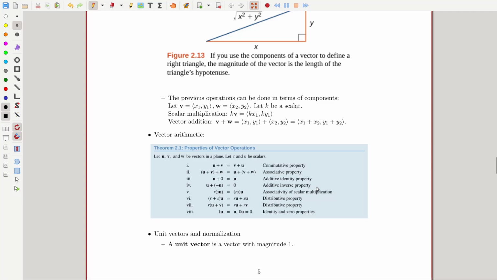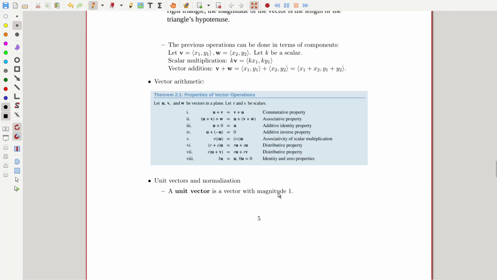Numbers have these properties, and so do vectors as well. That's kind of nice. And distributivity is a nice thing to look at as well. Whether or not this comes into play with computations, that might happen, but it's a nice thing to look at.